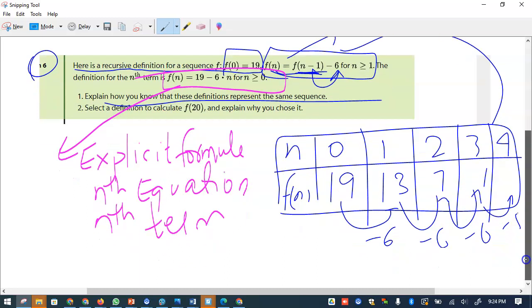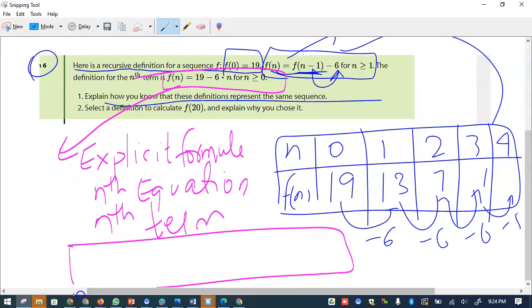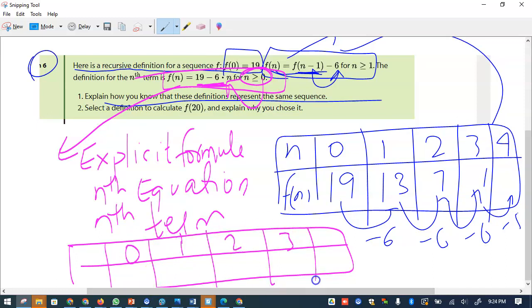And now if I want to use this way, then I have to have a table again like this. It says, what this means, it starts with n equals 0. So you put n equals 0 here. So both give you the same thing like 0, 1, 2, 3, 4, and so on. And I write f of 0 here.